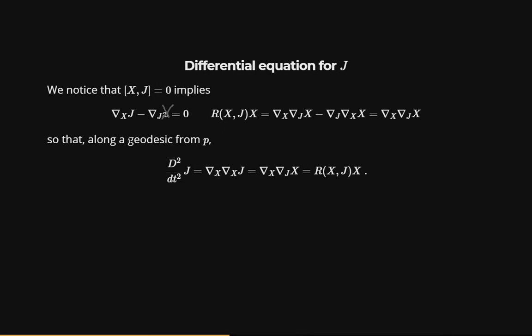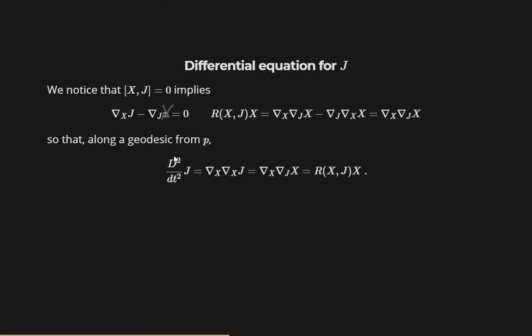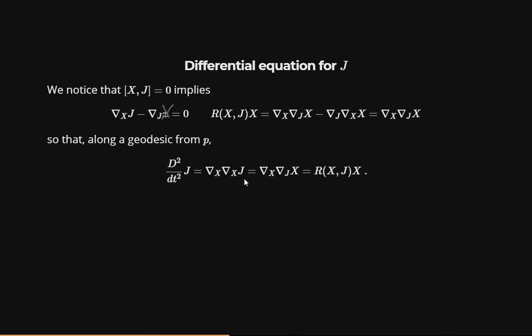So if you look at J along a geodesic, you get what? You get that the second, do you remember this symbol? I hope so. This is the covariant derivative along the curve, which is, oh no, I've written here. So which is this expression?